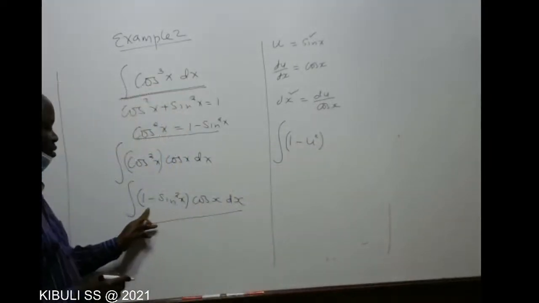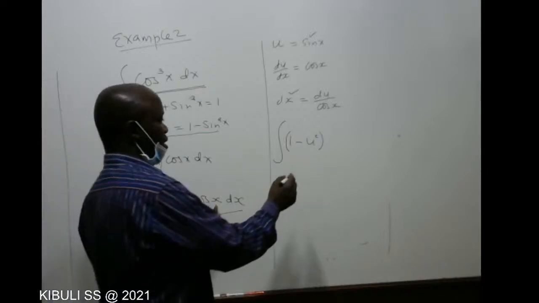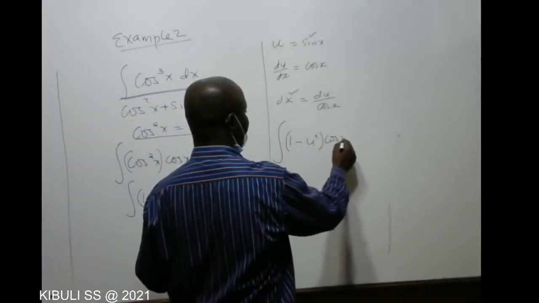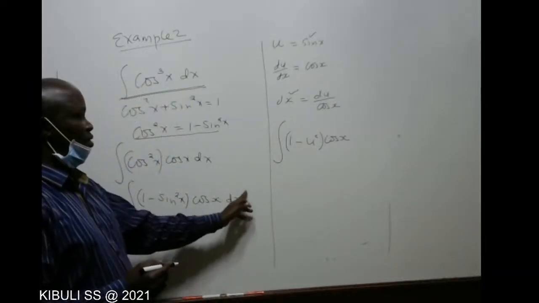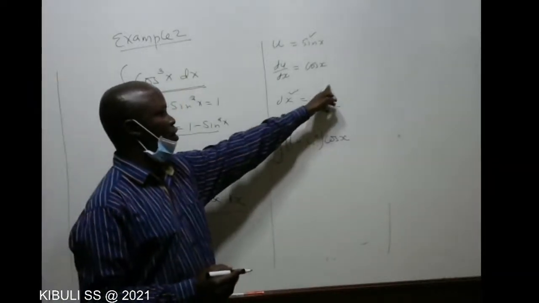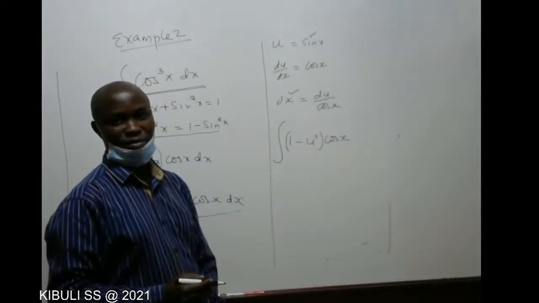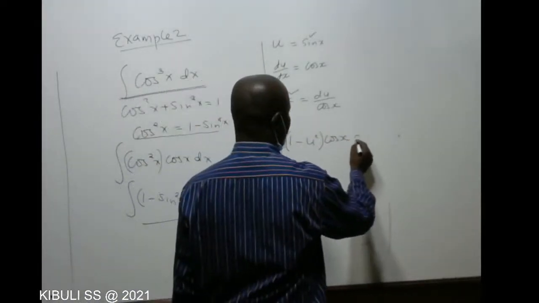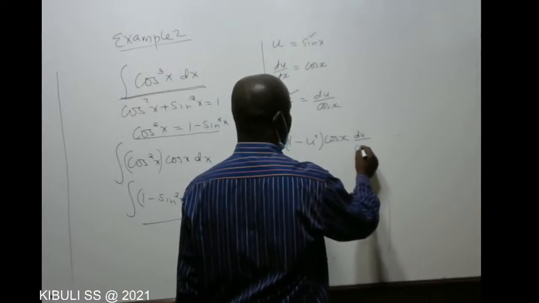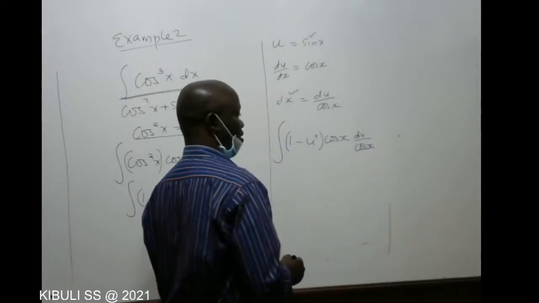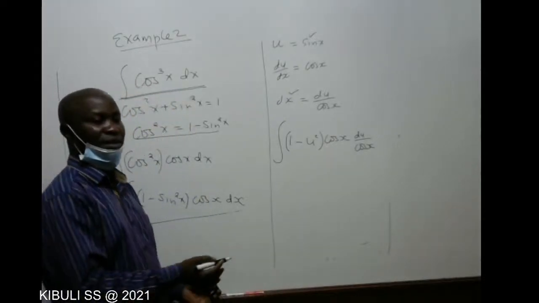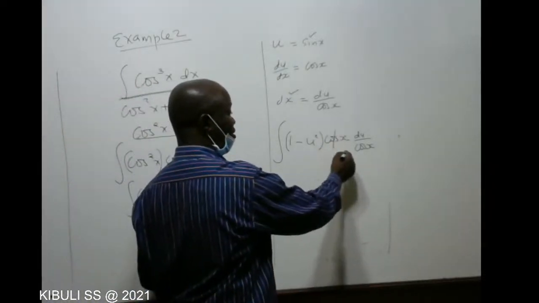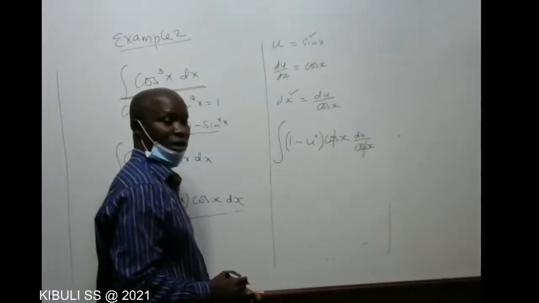Cos x is a derivative. Duplicate it as it is. Then remember dx is equal to du over cos x. And since the derivative is basically useless, it is cancelling out.